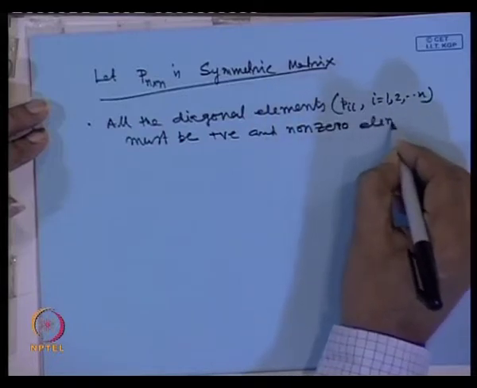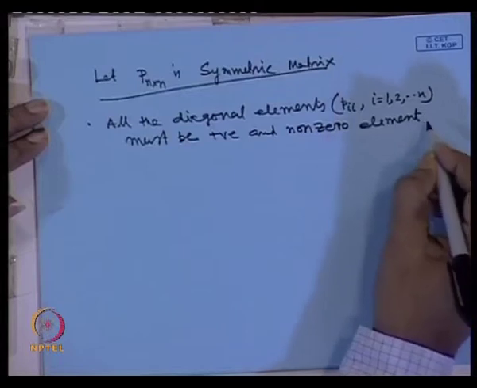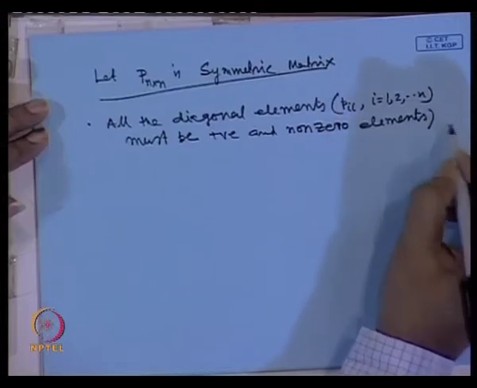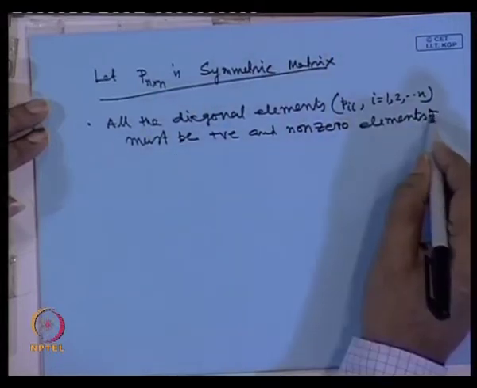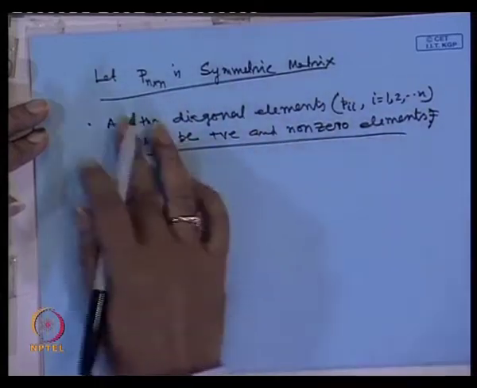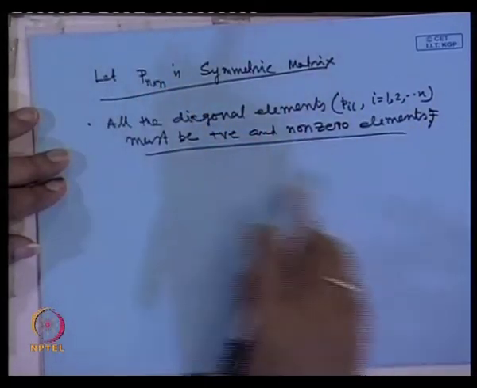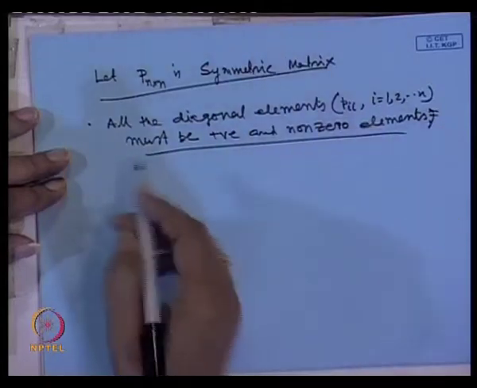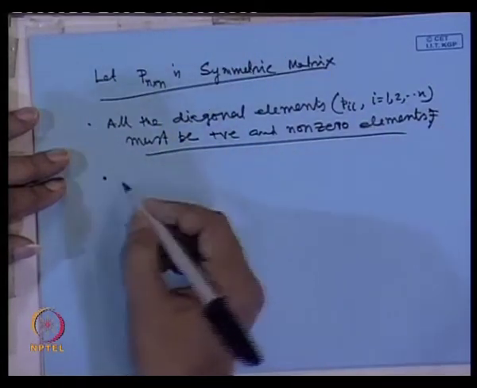This is the first condition. Whatever P matrix is given, convert it into a symmetric matrix this way, P plus P transpose by 2, and then check that all the diagonal elements are positive and non-zero. If so, you proceed further.